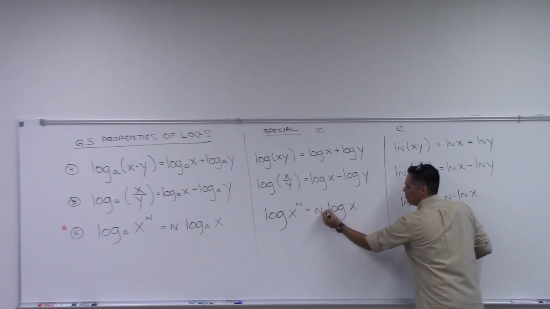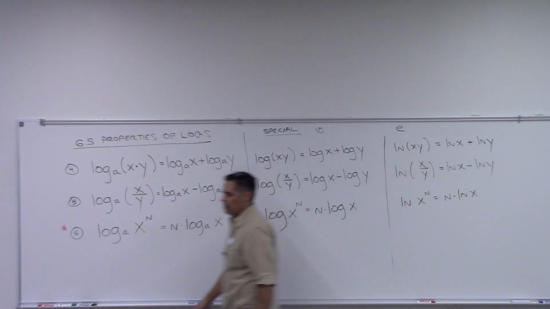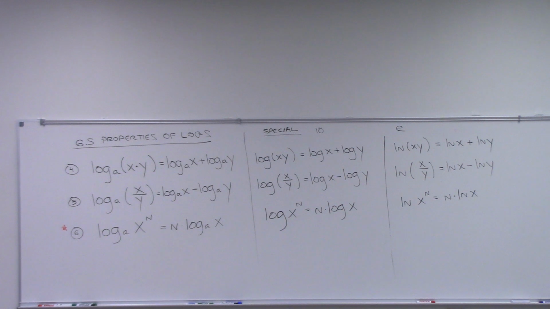I'm not writing these normally, but it's implied that those are multiplications. And you have to learn these. You have to know these, all right? Your success down the road will be somewhat dependent on your memorization of these formulas.